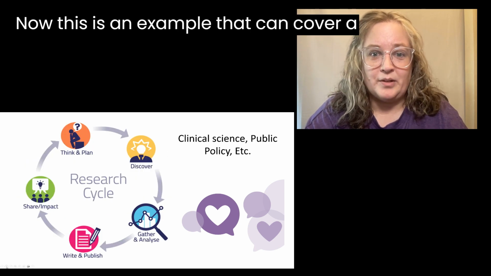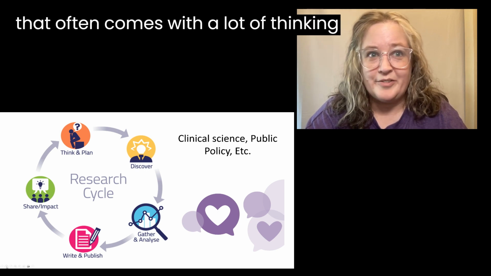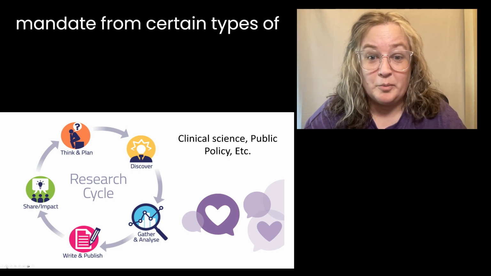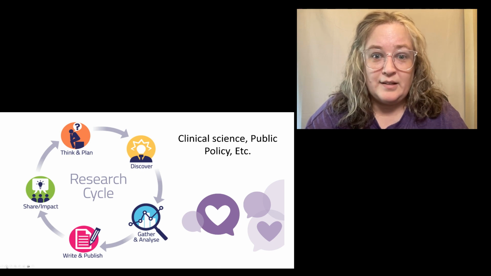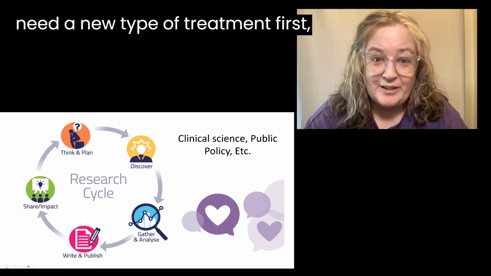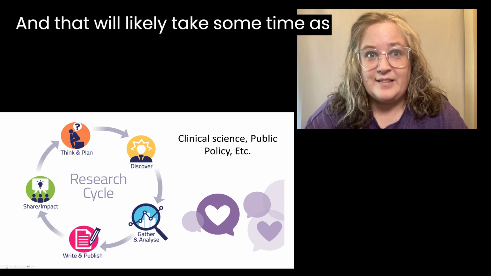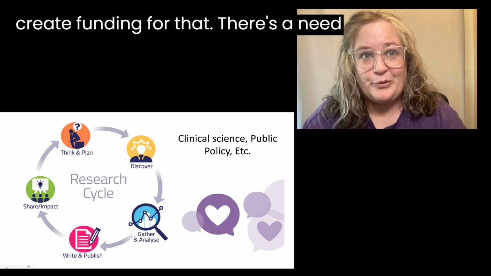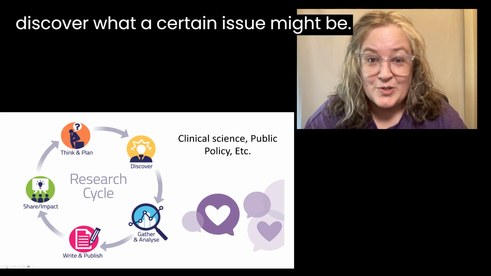Now, this is an example that can cover a variety of different types of research, which often comes with a lot of thinking and planning. It might be a mandate from certain types of policymakers. It might be a need that comes from physicians and clinicians saying that we need a new type of treatment for a specific issue. That will likely take some time as well, because there's a need to create funding for that, and a need to take time to discover what a certain issue might be.